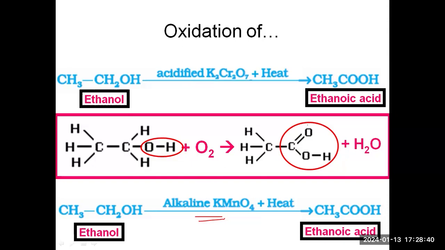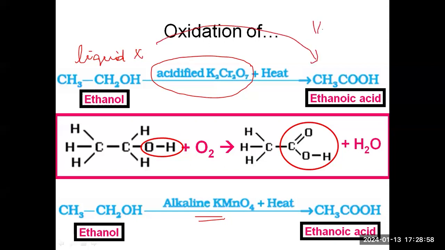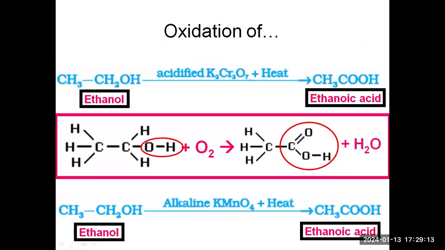So from this concept, you can be asked a question like, when you add acidified potassium dichromate to a liquid X, it changes to a substance which smells like vinegar. Identify this substance X. Write down the type of reaction. So this can be asked. So here you can write either equation number 1 or number 2. Right? So this is oxidation of ethanol.